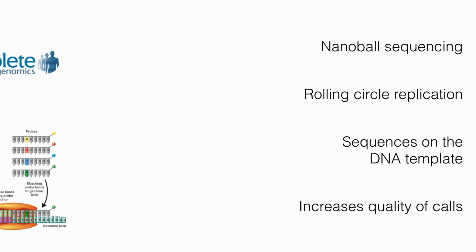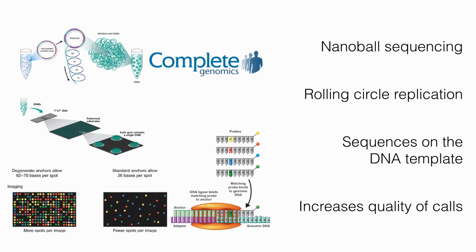The base order is determined when fluorescent probes bind to complementary DNA, and the probes are then ligated to anchor sequences bound to known sequences on a DNA template. Nanoball sequencing increases quality of calls, and the dense positioning of clusters on the slide results in more data.